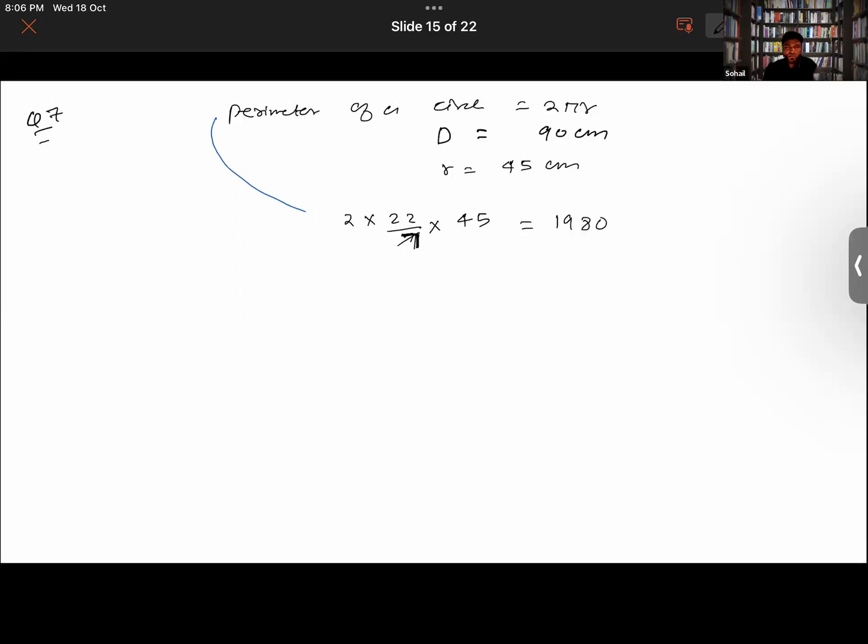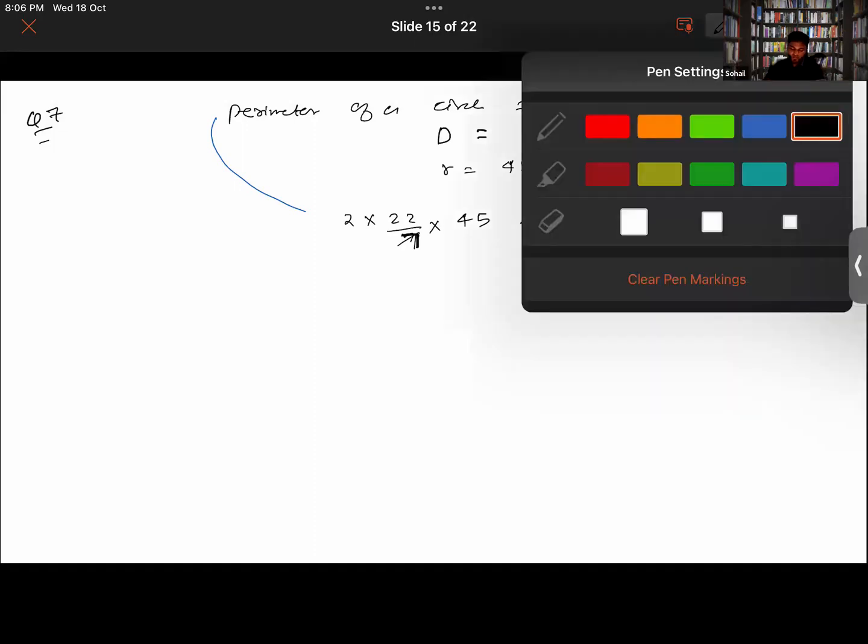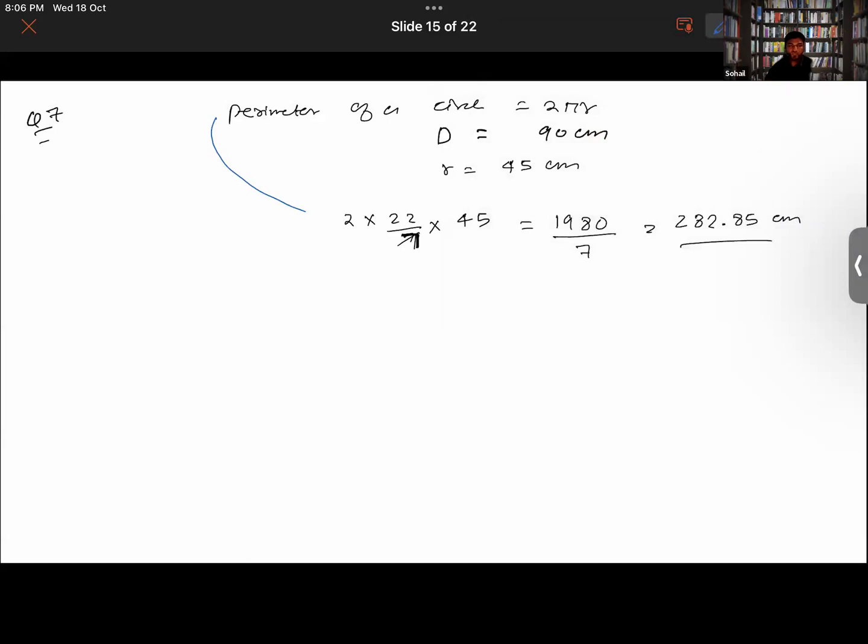How much you are getting? 282.85. Okay, मैंने 7 को include ही नहीं किया. You have to divide it by 7 now. You are getting 282.85 in centimeter. It's a recurring decimal. We can take 282.85. No issue in that.